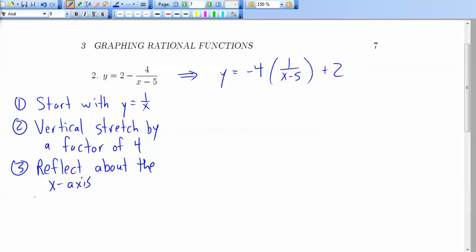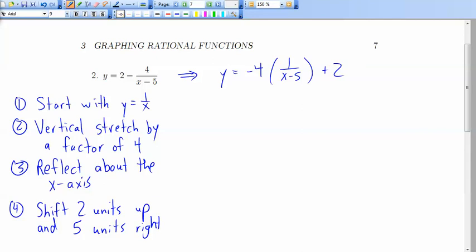And then lastly, we'll have our shifts. We're going to shift 5 units to the right and 2 units up. All right, so we have one extra step here. We've got that reflection. That's different from last time.